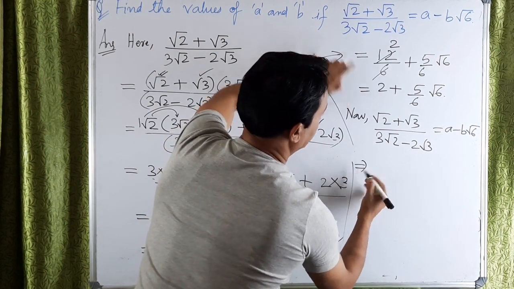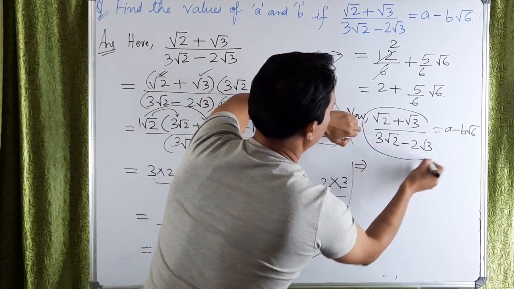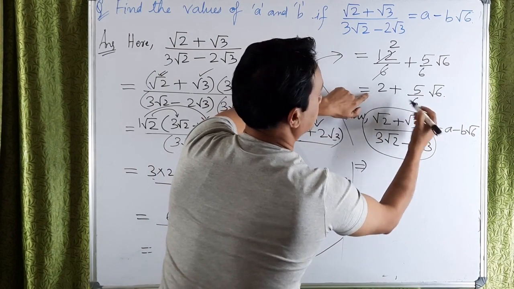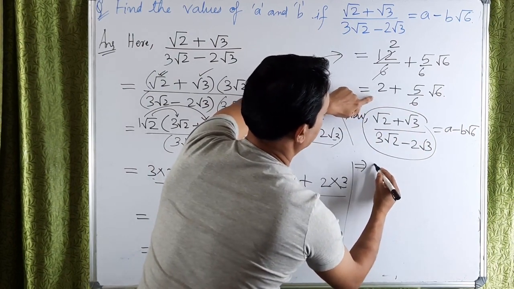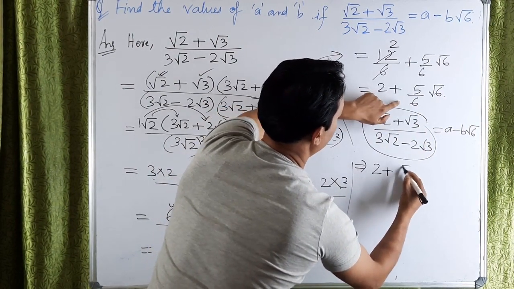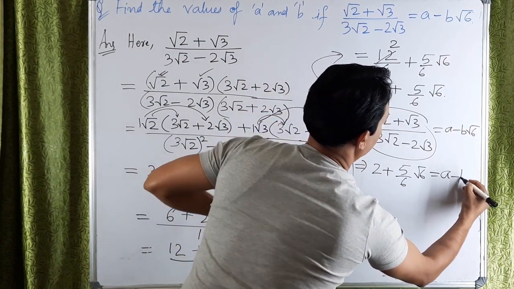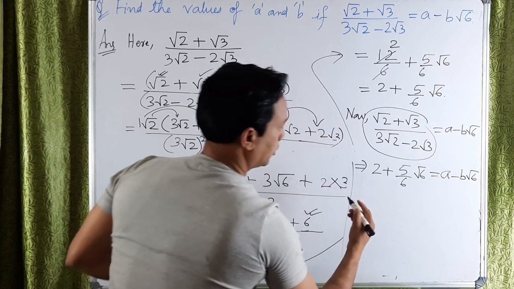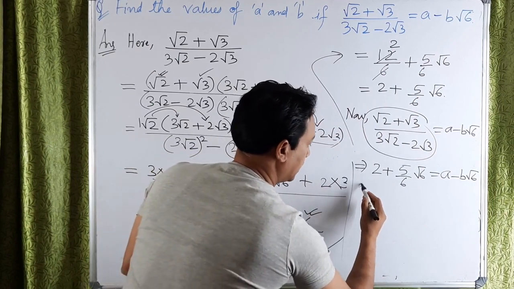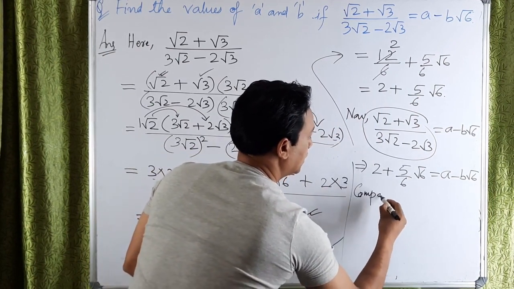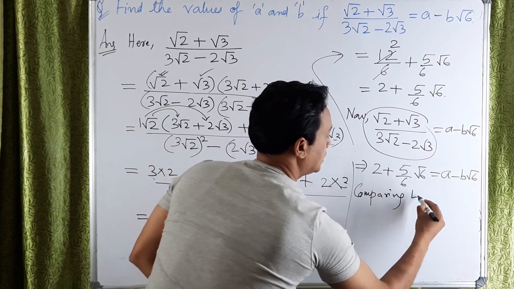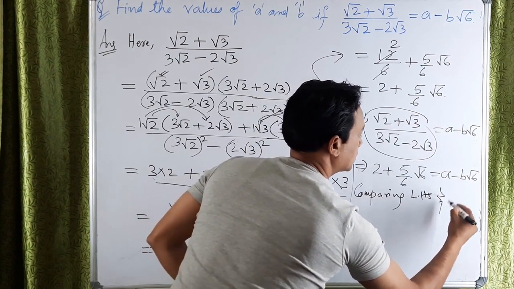Then next line, we finished calculating and we got this. We have calculated, this one came out to be 2 plus 5 by 6 root 6, which should be equal to a minus b root 6. Now again, like before, we will start comparing LHS and RHS.